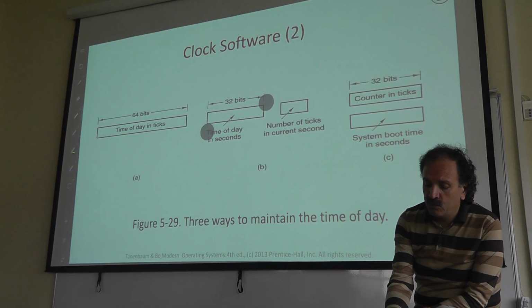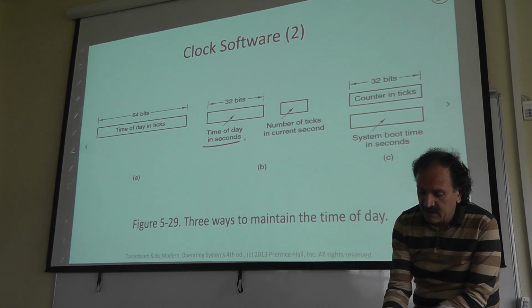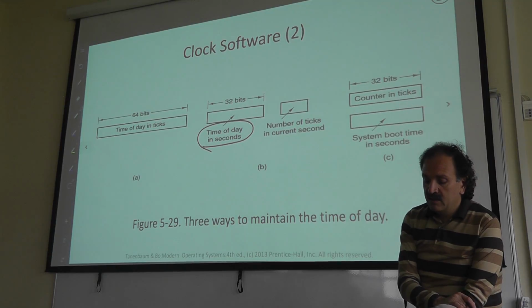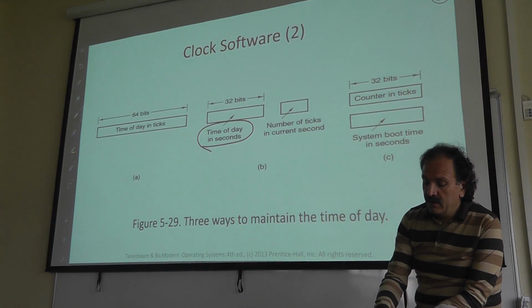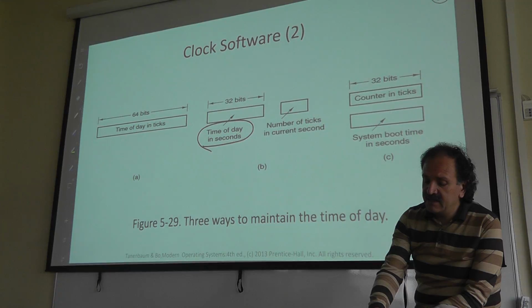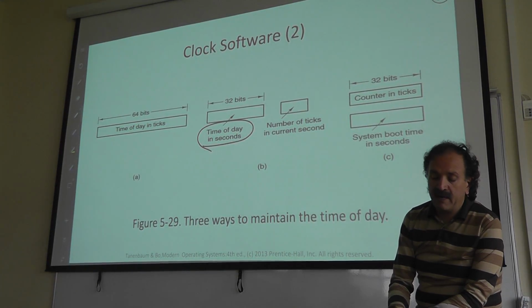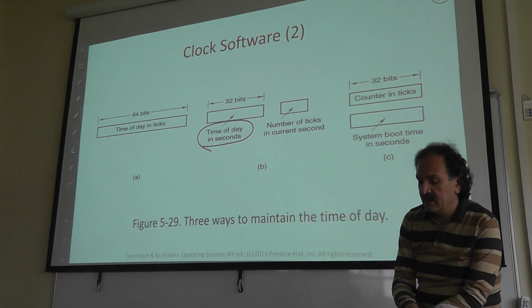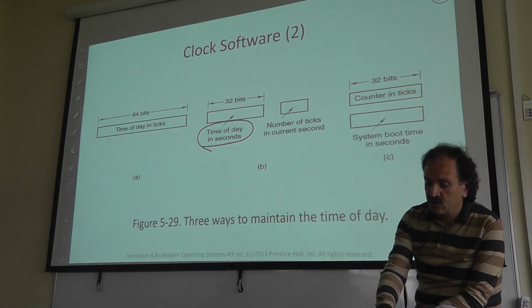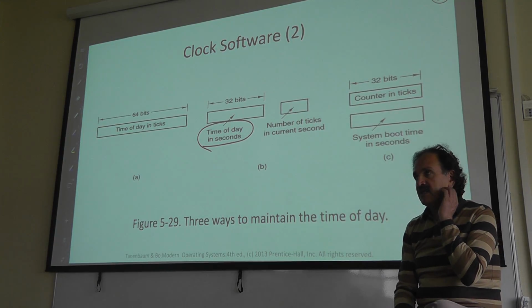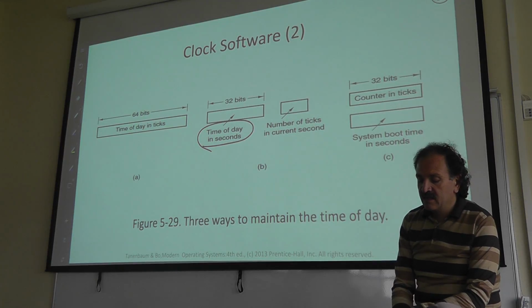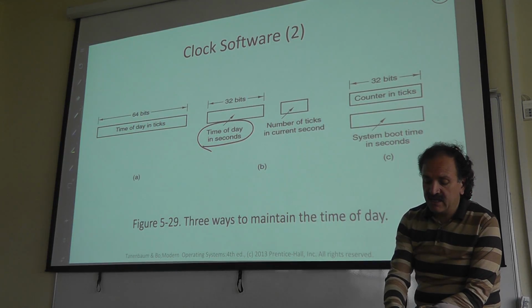Use 32 bits for the seconds, and within the second, you keep the number of ticks in a separate byte or a separate integer. So it is 32 bits for the time of the day in seconds, and another integer that keeps the ticks within the second.